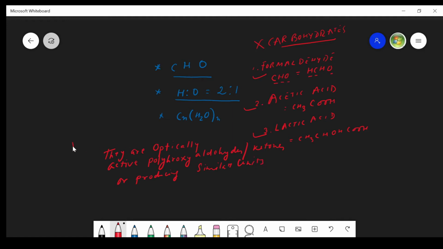So this is the definition of carbohydrate. Now formaldehyde, acetic acid, lactic acid, all of them have carbon, hydrogen and oxygen, but they are not polyhydroxy aldehydes or ketones or producing similar units. So they are not regarded as carbohydrates.